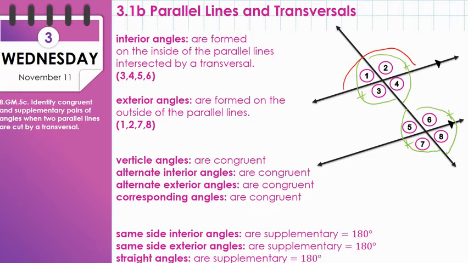Angles 1 and 2, 3 and 4, 5 and 6, 7 and 8 are also straight angles. So along each of the parallel lines, we have a pair, and along the transversal on either side, we have a pair of straight angles.